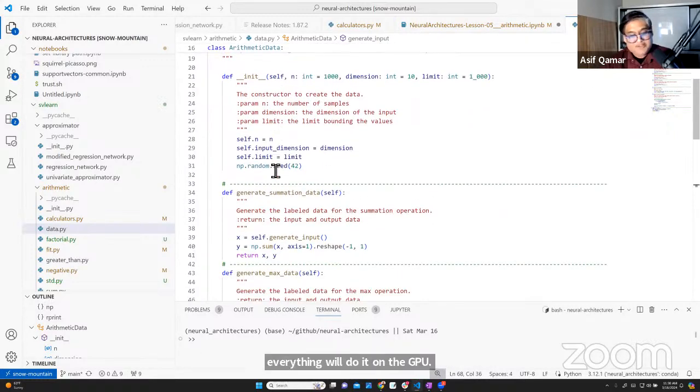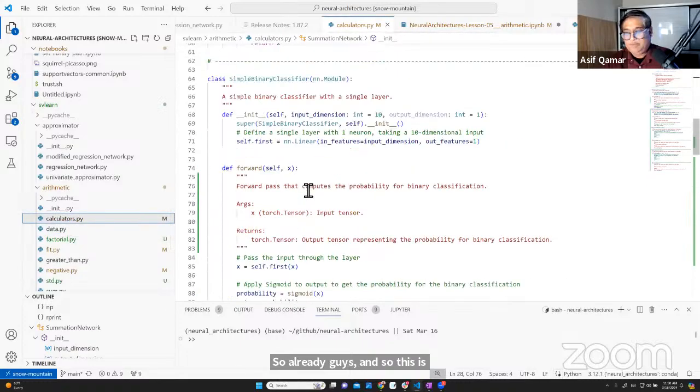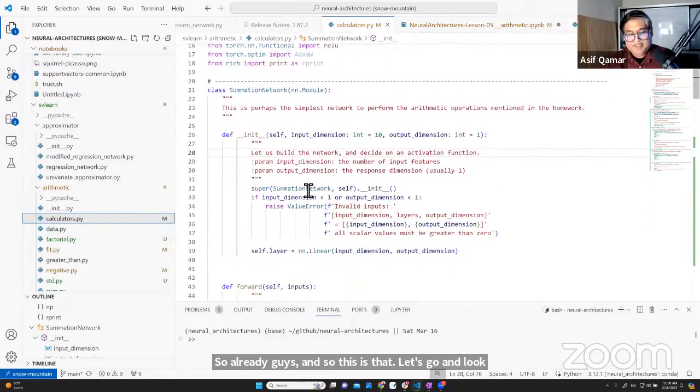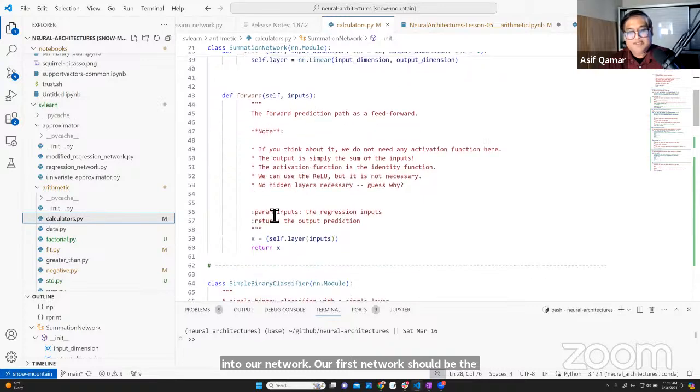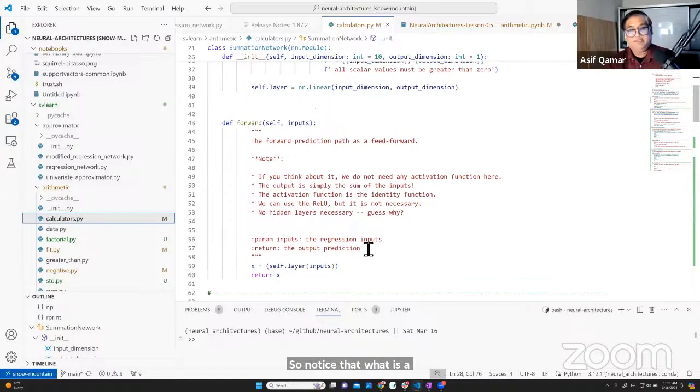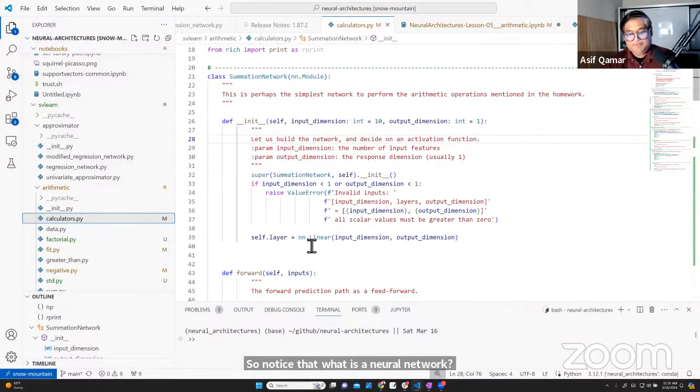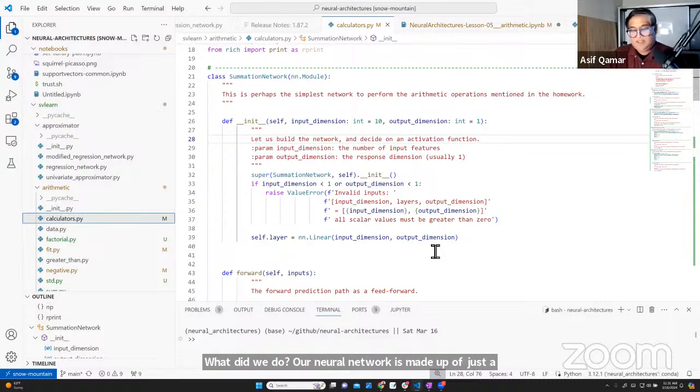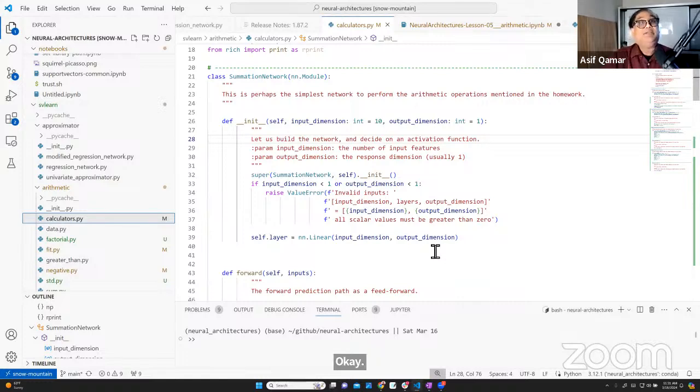So all right, guys, and so this is that. Let's go and look into our network. Our first network should be the summation network. So notice, what is our neural network? Our neural network is made up of just a linear layer with how many inputs? 10. And what is the output dimension? 1.